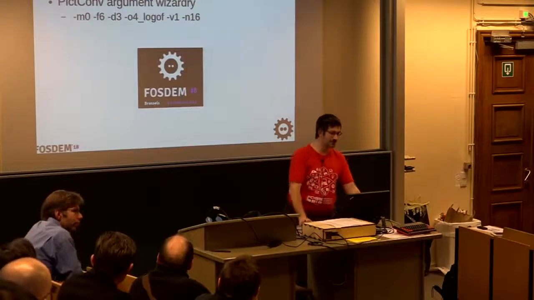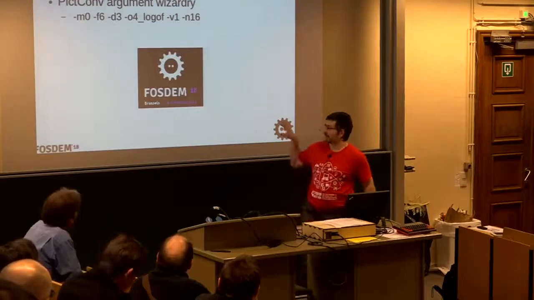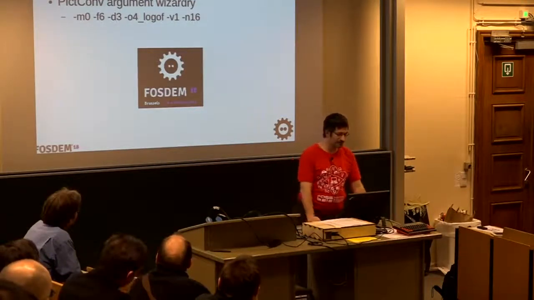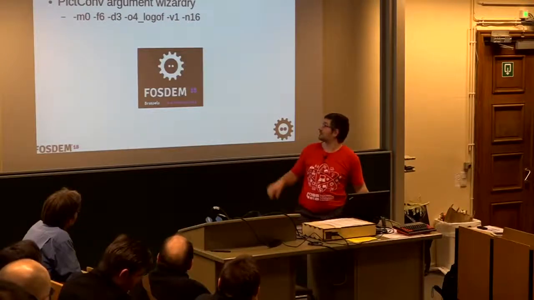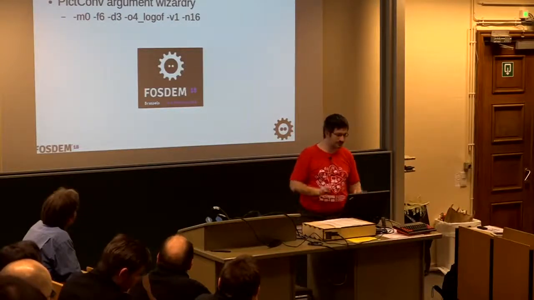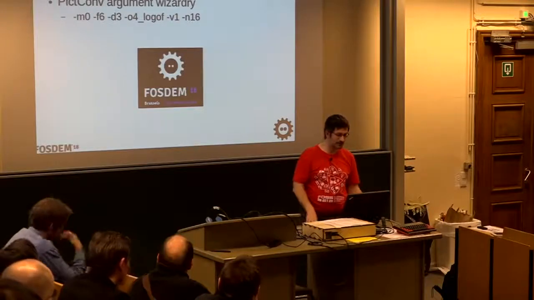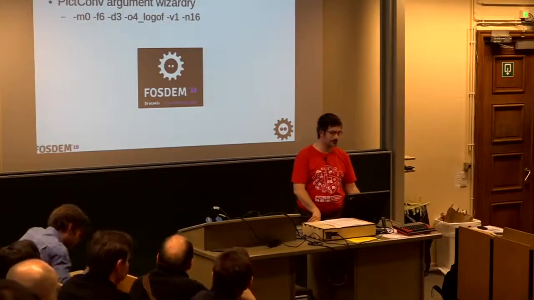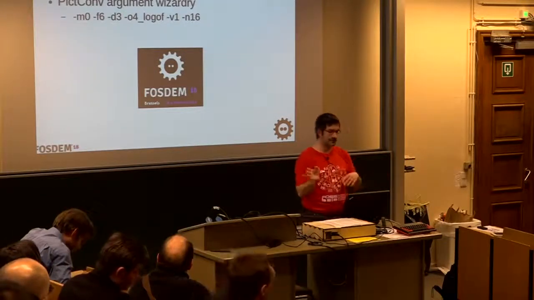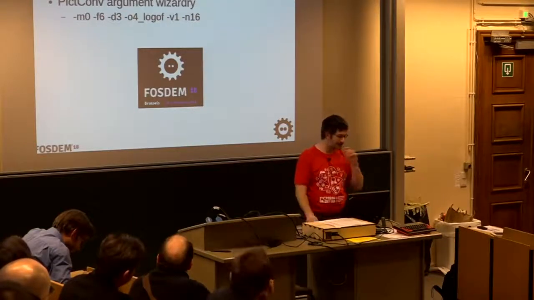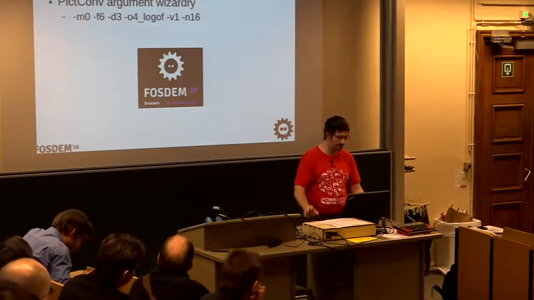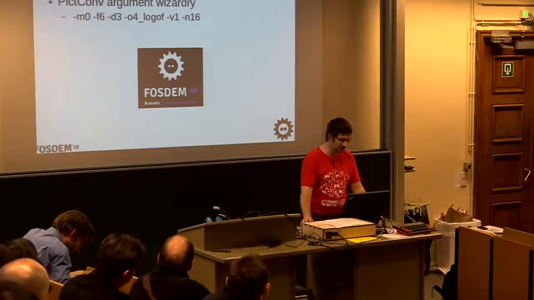But I also wanted a logo, so I took the ones from the banners. I spent some time finding the correct flags for the PictConf utility, because it also handles Atari ST formats and other things. But it worked in the end.